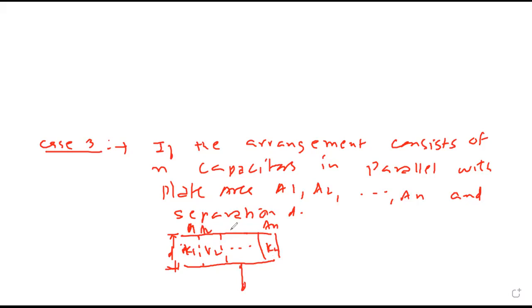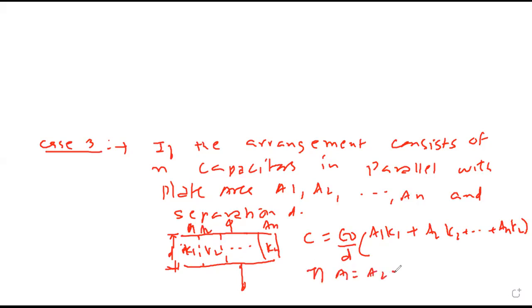Correct? Yes, sir. C equals epsilon naught, same, distance same. Inside we get A1 K1 plus A2 K2 up to An Kn. If A1 is same as A2, up to An, all are same, and it is nth part of area, then C will become epsilon 0 by D, A upon N common, inside K1 plus K2 up to Kn.